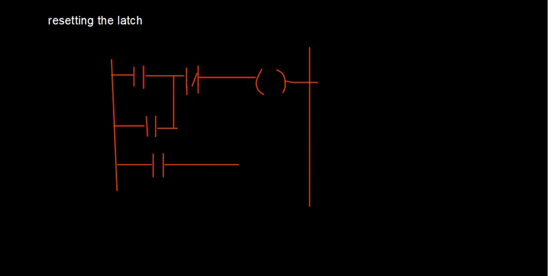Latching circuit we have already discussed earlier. Then comes the output here. Okay, so now let me write it as X400 here, followed by M100, or M100 only I will take.